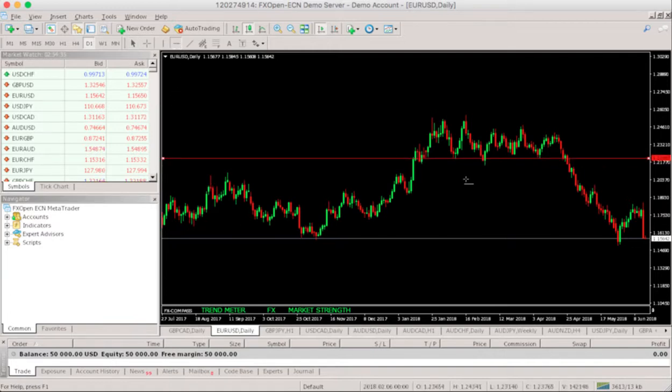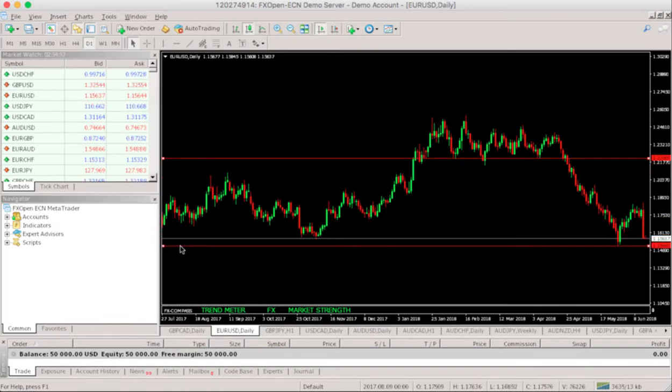Now remember, folks, support and resistance lines are not specific lines. They are areas. Okay? There is a range. So this is the level here. So this is the level that the price has to break through before you can call victory. Again, I'm going to move those down here to see another support level.